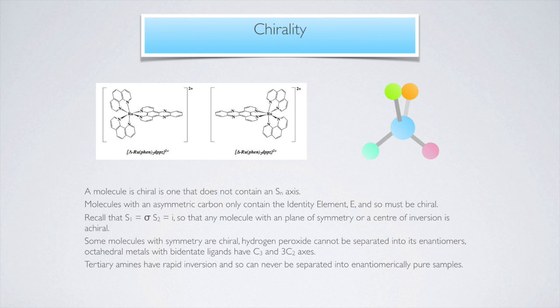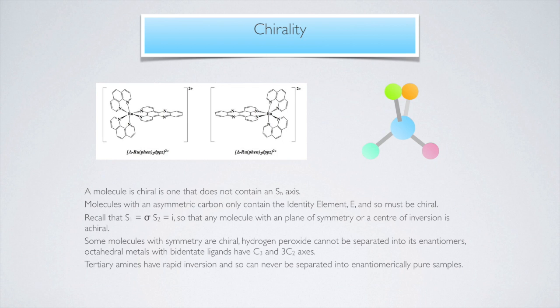But just from the symmetry point of view, a molecule is chiral if it does not contain an improper axis of rotation. So molecules with asymmetric carbons only have the identity operation E, so they must be chiral.